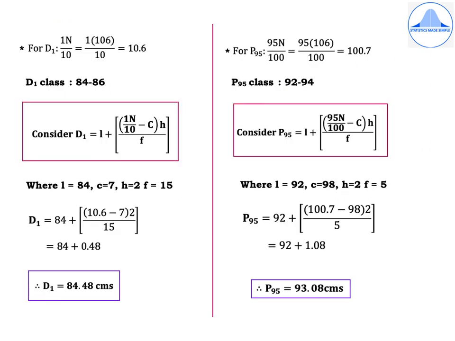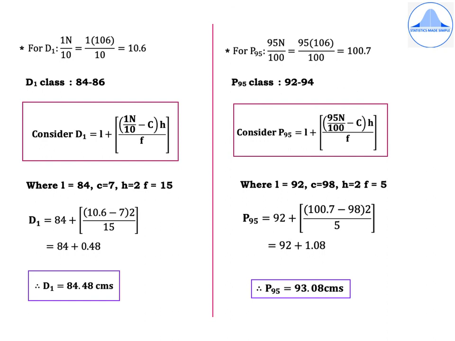Second subdivision, for D1, find out 1n by 10, which is 1 into 106 by 10, which is equal to 10.6. The value which is greater than 10.6 in the CF column is 22. Corresponding to it, you write greater than 1n by 10, and so you get the D1 class as 84 to 86.